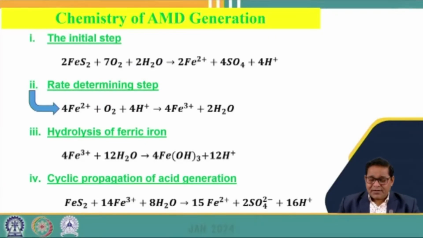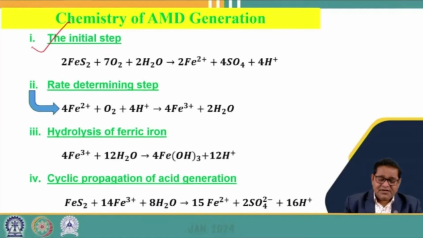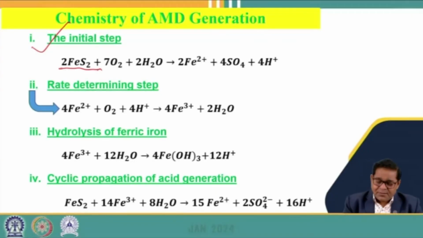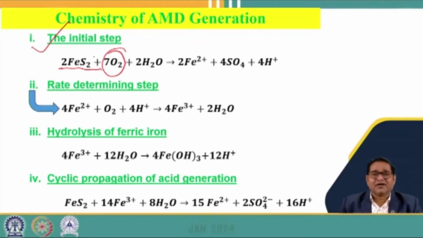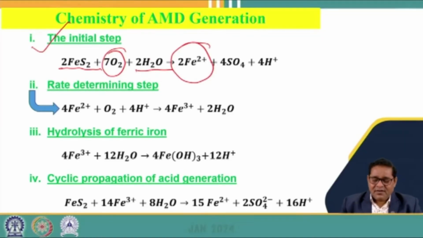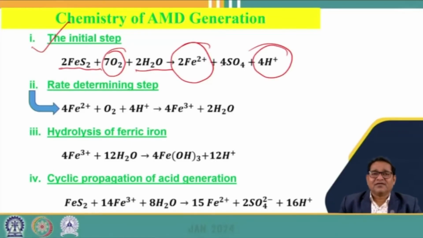So let us talk about the chemistry of this acid mine drainage, how it is generated. In the initial step, iron pyrite is present. This pyrite, when exposed to the atmosphere, gets plenty of oxygen, and in presence of moisture it gets oxidized to ferrous ions, and during the process H+ ions are generated.